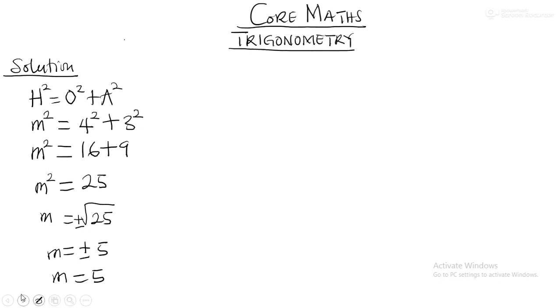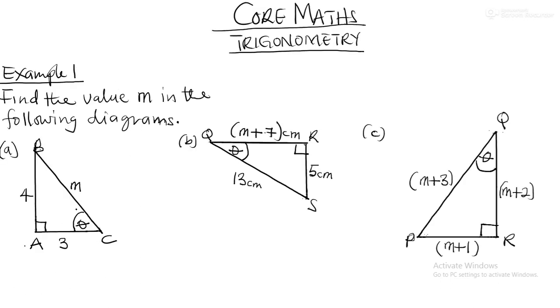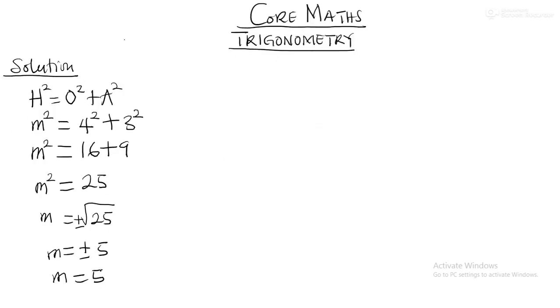So m is equal to 5. Now let's go back and look at something. You realize that no unit was put against the values. So once there are no units, in your final answer you will have to put units there. So 5 units, because it can take any of the units of length.